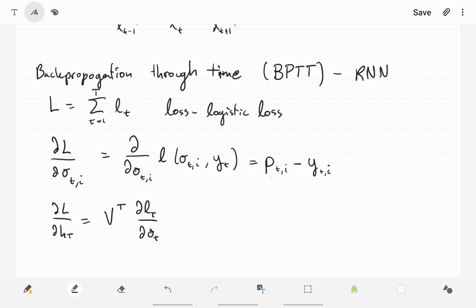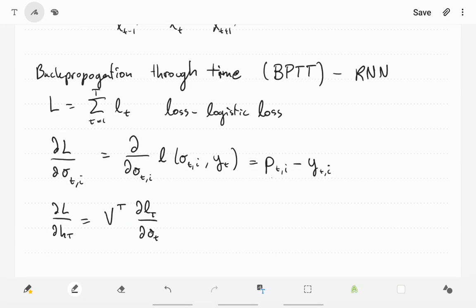We haven't hit the h's yet, so we don't have to worry about any of this crossing over between different time points of the gradients. Another situation in which we don't have to worry about that is when we take a gradient of our total loss with respect to h sub capital T. Now, h sub capital T only determines that final L sub capital T. And so we can just think of the gradient of that L sub capital T with respect to h sub capital T, right?